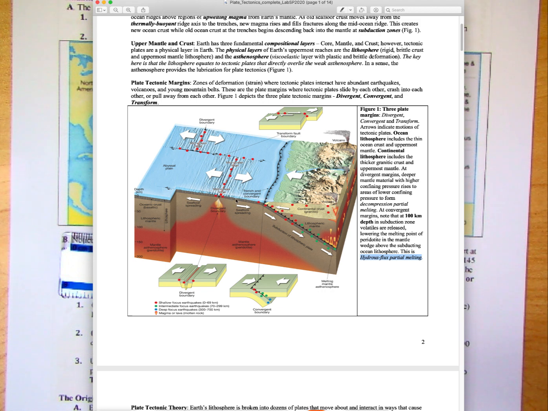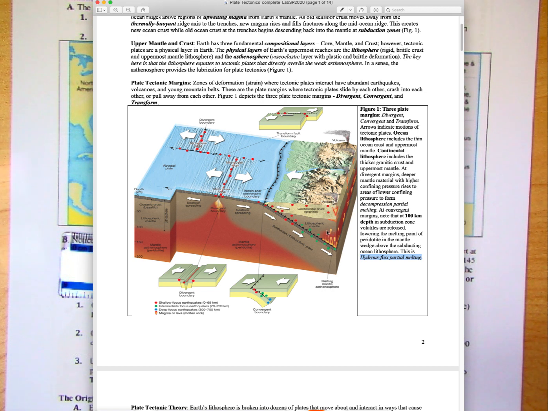This hydrated lithosphere, mostly in the serpentine minerals and some amphiboles, once you get into the subduction zone, that water leaks out right around 100 kilometers and causes the melting point of the mantle wedge peridotite above it to lower. So the temperature of melting lowers, and you get partial melting, anywhere from 2 to maybe 10% of it, and that produces magmas at subduction zones.